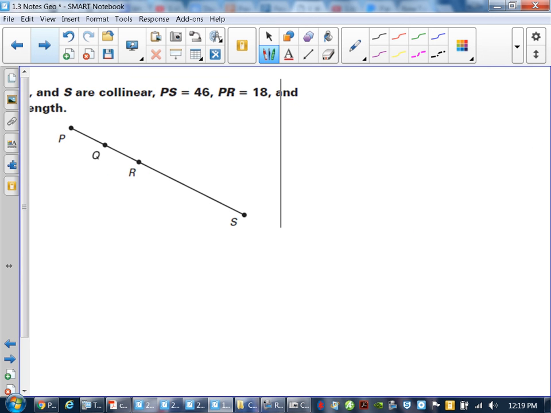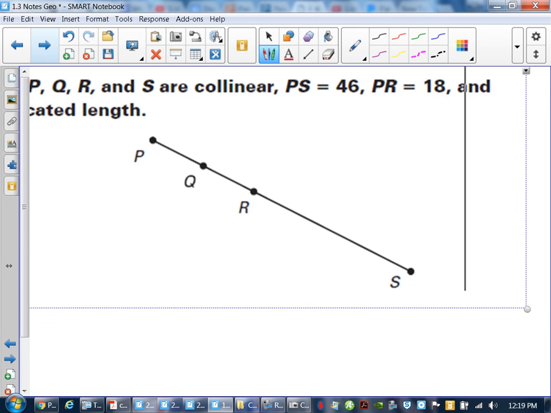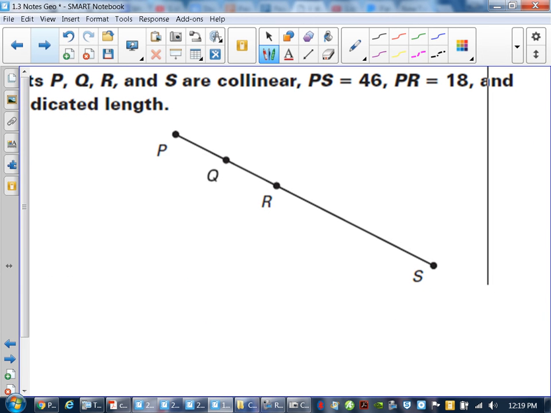Let me just show you this real quick. Sometimes you're going to be given a larger diagram, and they're going to ask you multiple questions off of one diagram.